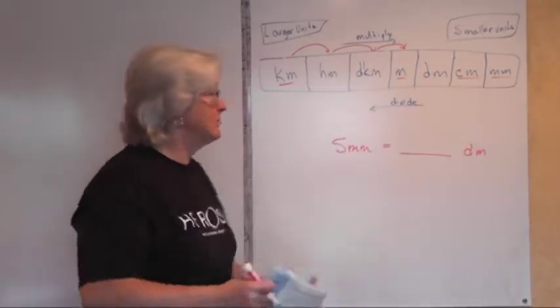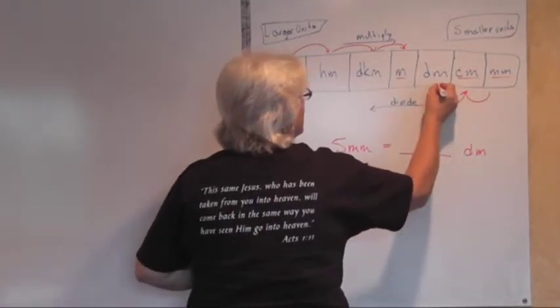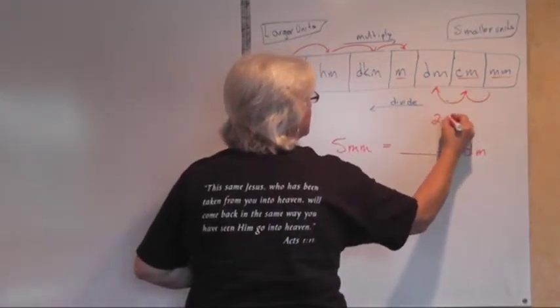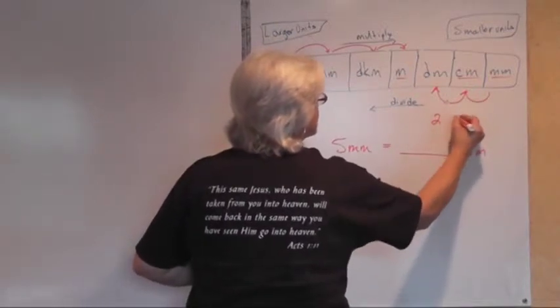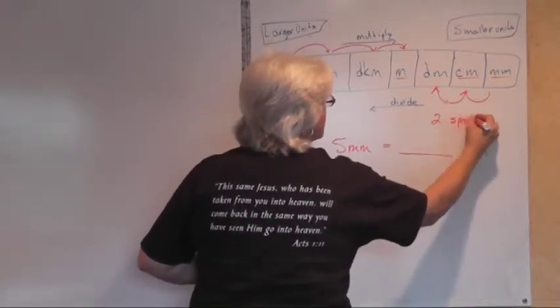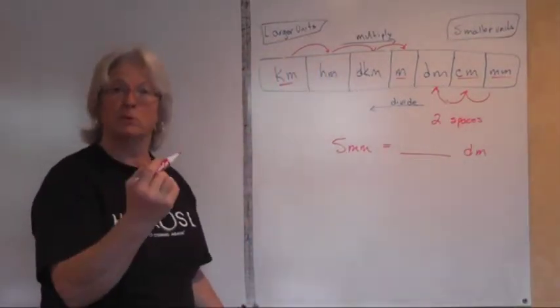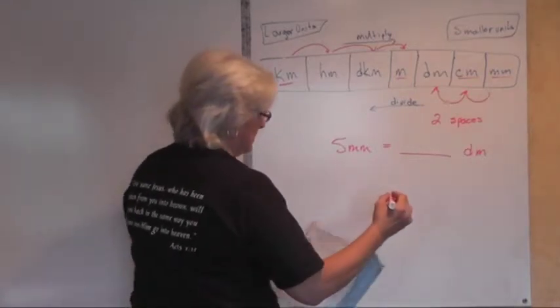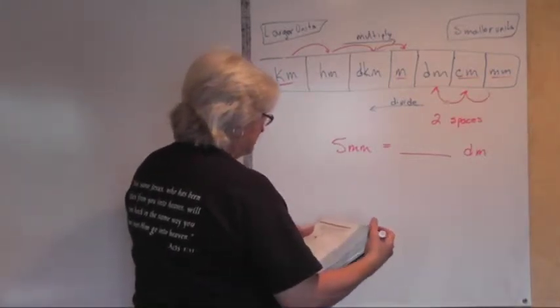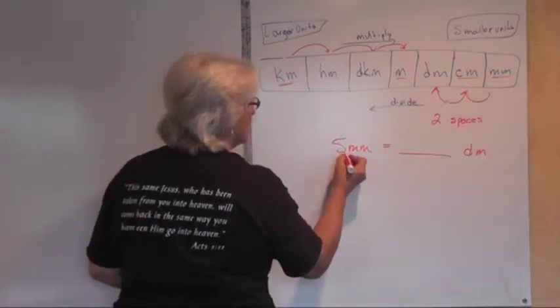How many spaces do we move? There's 1, 2. 2 spaces to the left, that means move your decimal point 2 places to the left. So here we have 5 millimeters. Where's our decimal point?